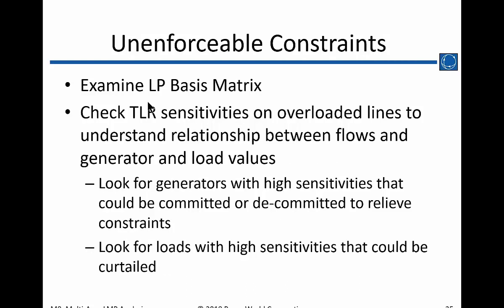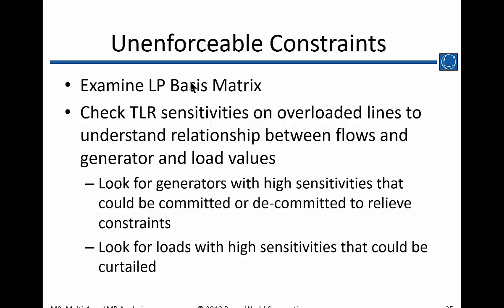To get an easy look at sensitivities and constraints, we can first just check the LP basis matrix. What we'll see here is that for some of the constraints that have very high lambdas and are unenforceable, some of the marginal controls that are balancing some of the other constraints actually have opposite effects on some of these.